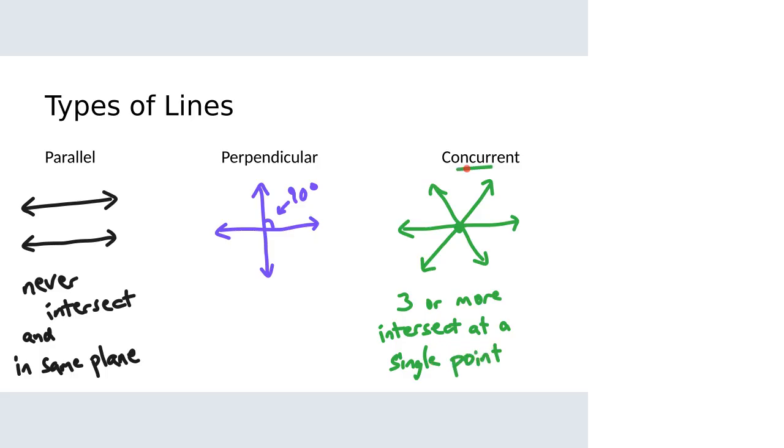That's concurrent. And that may be a new definition for you, or one that you might have heard a long time ago and then filed away. It's not one we use very much, but it comes up in our book, and I want to make sure you're familiar with it. So we could say that these lines intersect, and we could say they're perpendicular, but they're not concurrent because there's only two of them. Over here, since three or more intersect, those are concurrent.